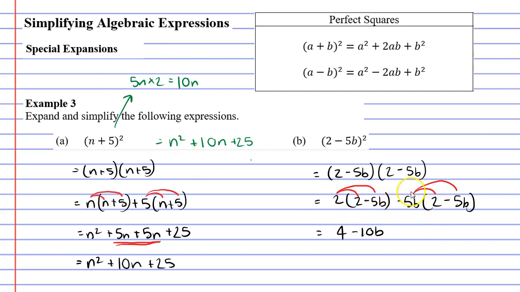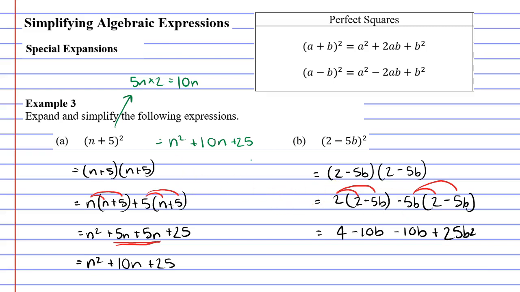Negative 5b times 2 is minus 10b. And then negative 5b times negative 5b, that's a double negative, so we get a plus here. And 5 times 5 is 25.